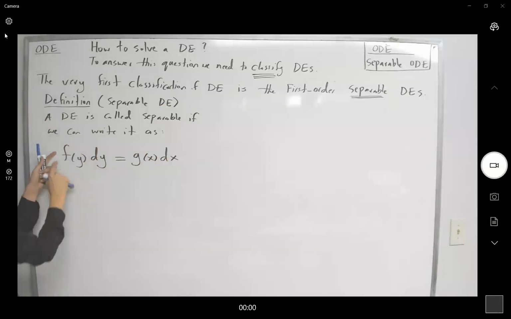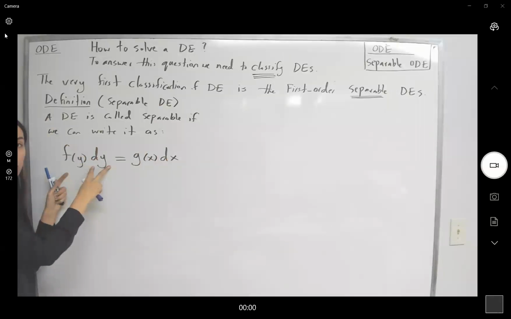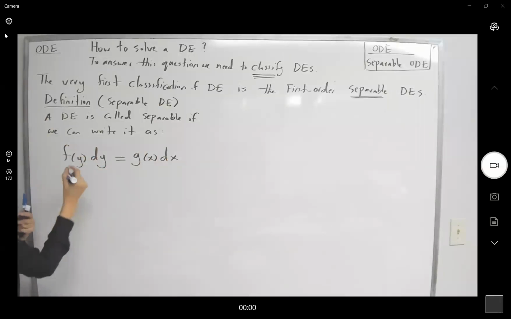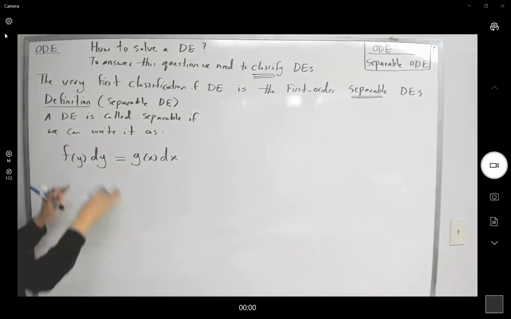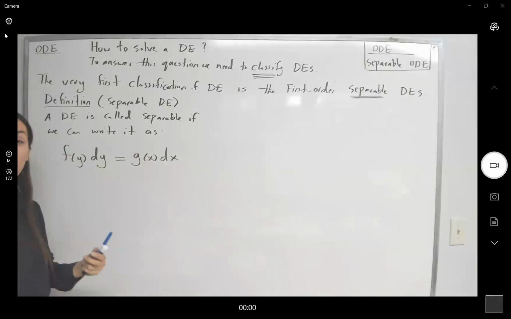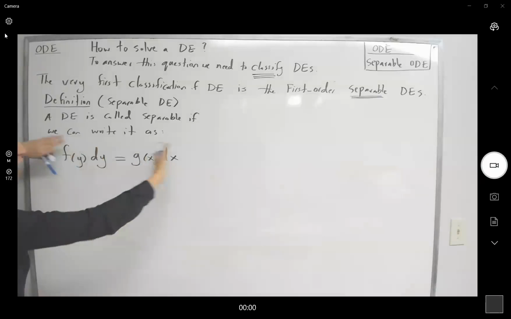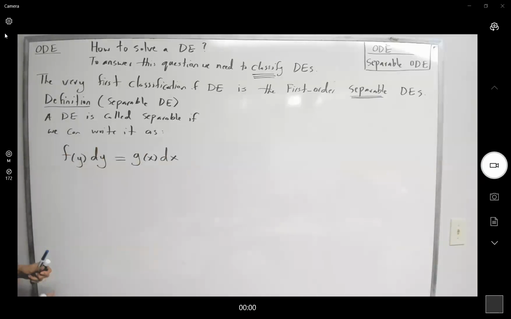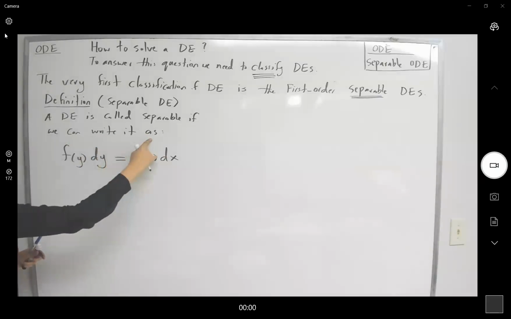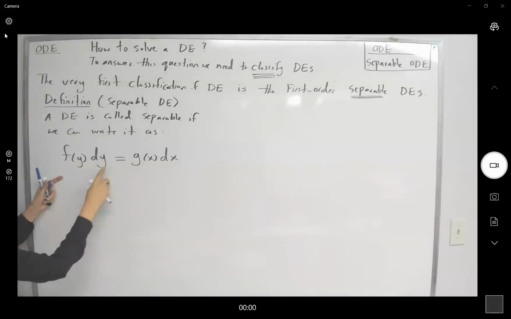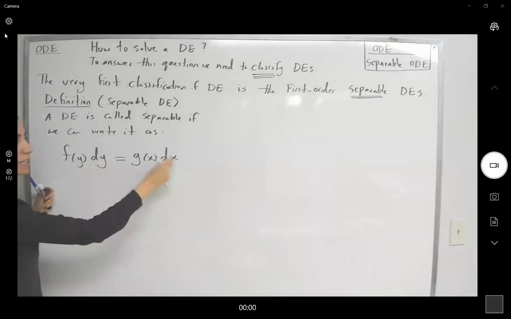We have a function, an expression in y multiplied by dy on the left hand side. Here the operation between these is multiplication. You might get differential equations that are not written this way, but our job is to do algebra and try to write it in this form. We can write it as f of y dy on the left, and on the right hand side, g of x dx.